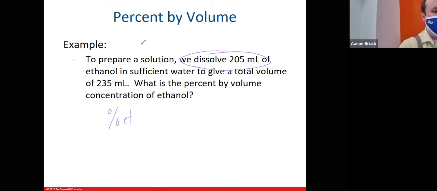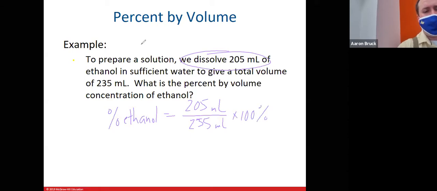So percent ethanol is going to be 205 milliliters divided by the total volume of 235 milliliters multiplied by 100%. 205 divided by 235 multiplied by 100 to three significant figures would be 87.2% ethanol.